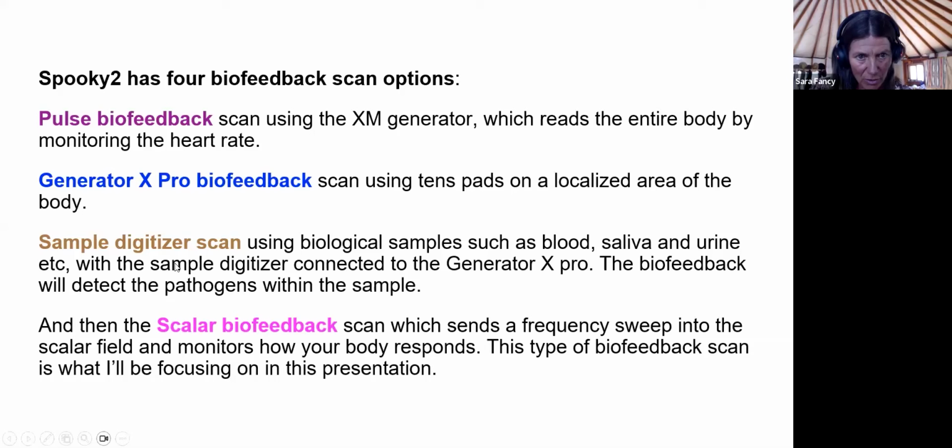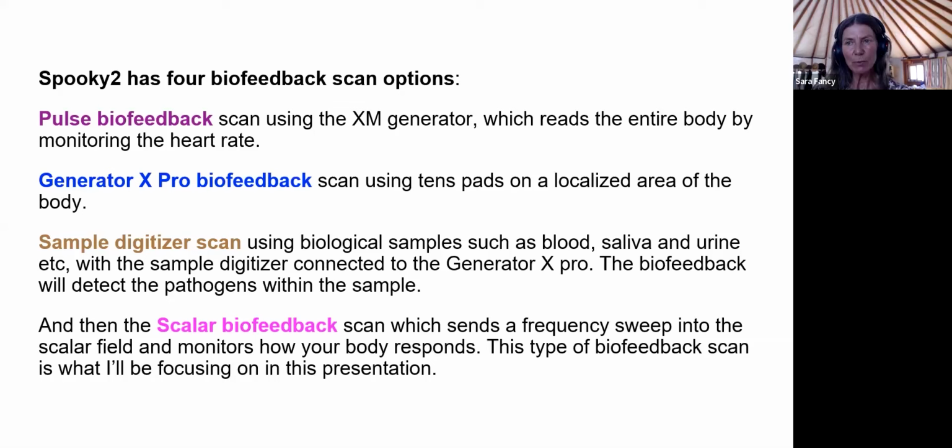All right. So the sample digitizer scan uses biological samples such as blood, saliva, and urine, etc., with the sample digitizer connected to the Generator X Pro. All right, so that will only work with the Generator X Pro. The biofeedback will detect the pathogens within the sample.